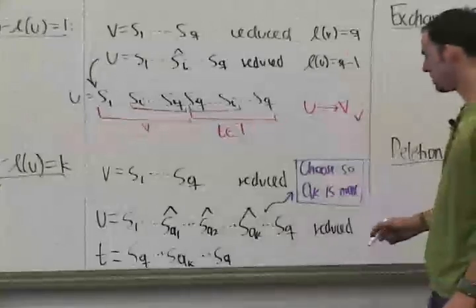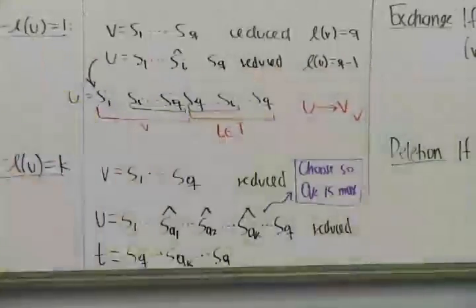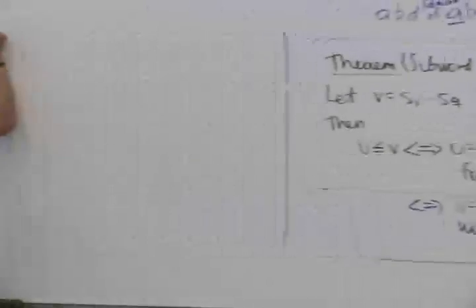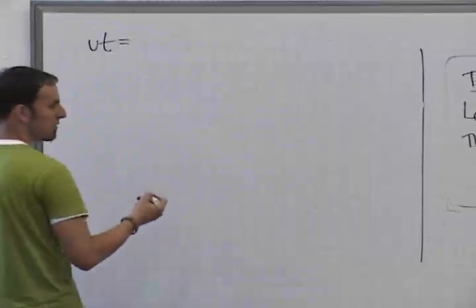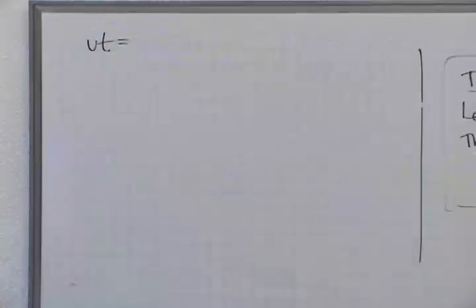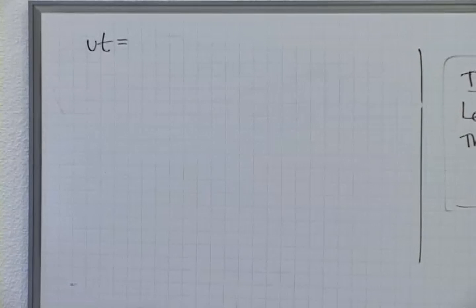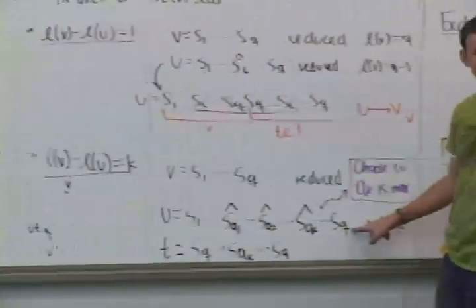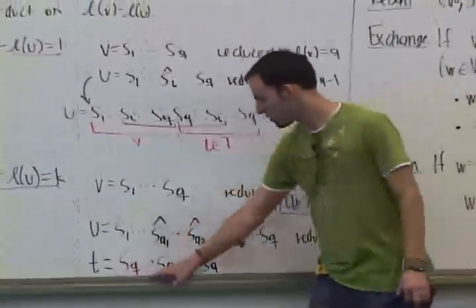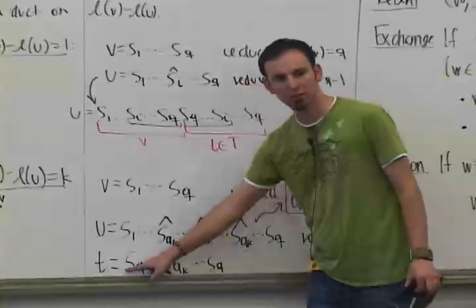Now, when you go ahead and multiply this, you get what? Let's go and do it back here. When I multiply U times t, then all of these guys between AK plus 1 and q are going to cancel all of these guys between q and AK plus 1.